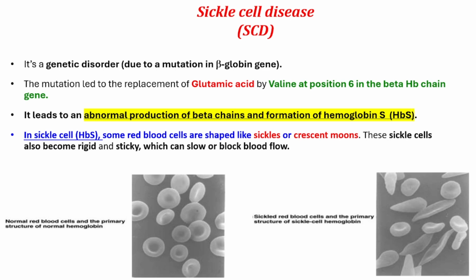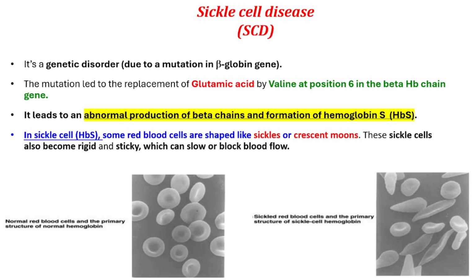So it is due to what? It is due to mutations in the beta chain. You know that hemoglobin is composed of alpha and beta chains. So the gene which codes for your beta chain has a mutation in the 6th codon.